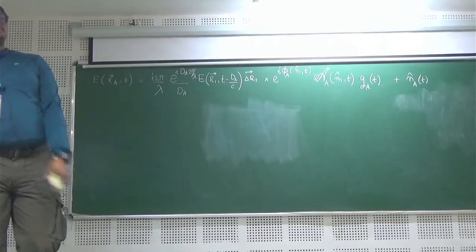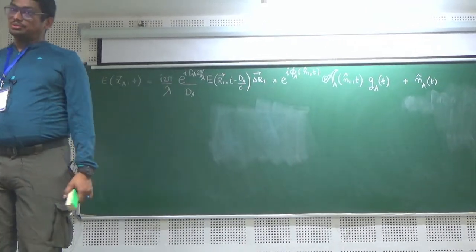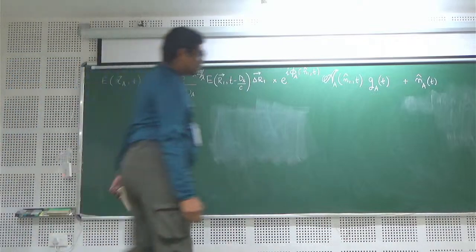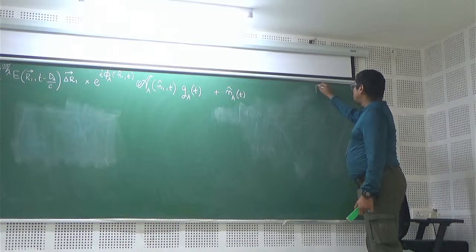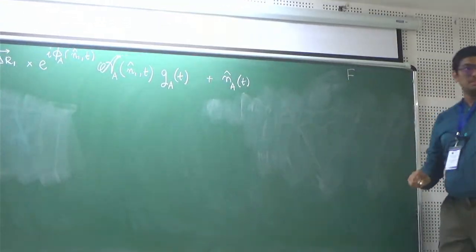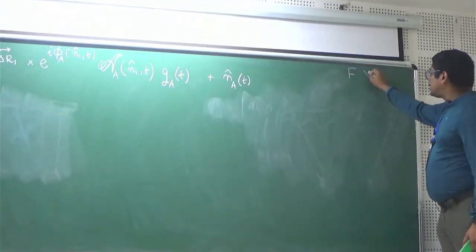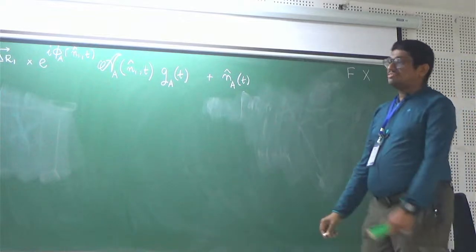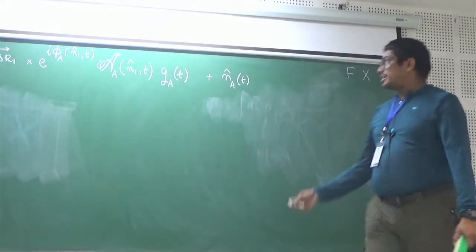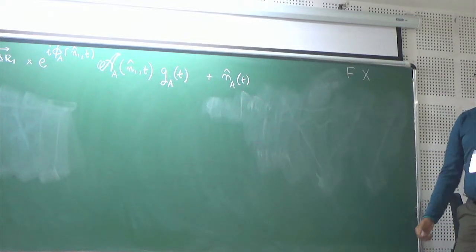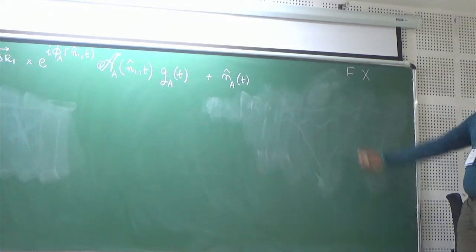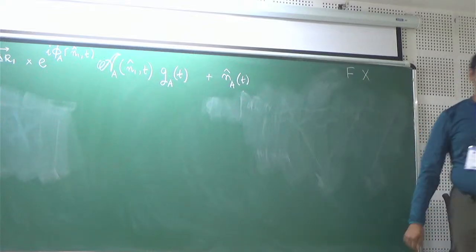Now, there are two ways the frequency information is extracted. I will talk about one way, where you do a time Fourier transform of this signal first, and then you correlate signals from two different antennas. This way of extracting the frequency information and the visibility is called FX correlation.